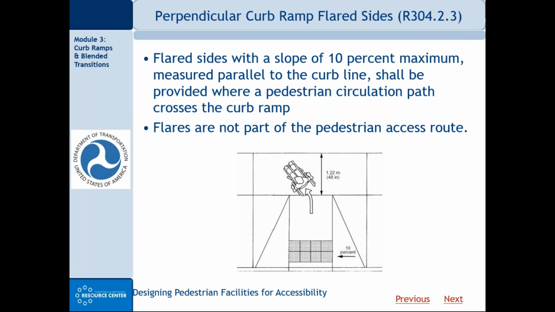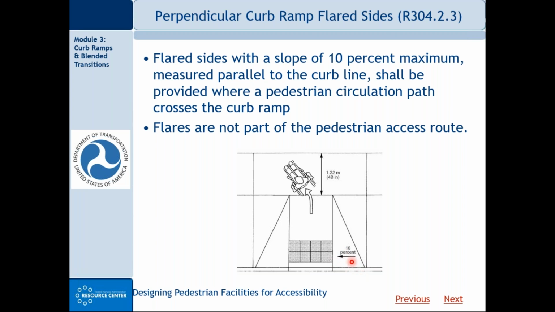We talked last time about the flared sides. If the curb ramp is in a pedestrian circulation area, and if you recall, these flares are not part of the pedestrian access route, the criteria are that that flare is 10% maximum slope measured parallel to the curb. And some might say, well, if it's not part of the pedestrian access route, why is that really an issue?